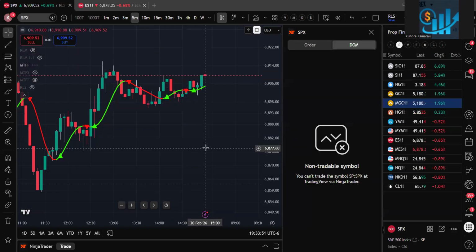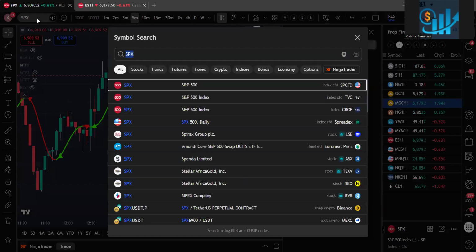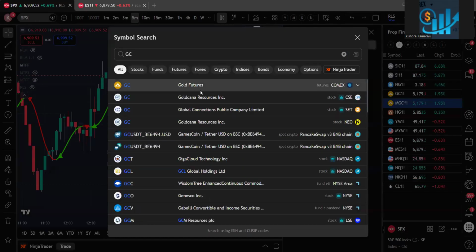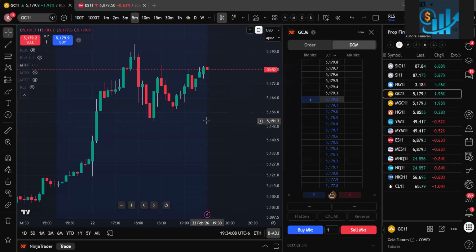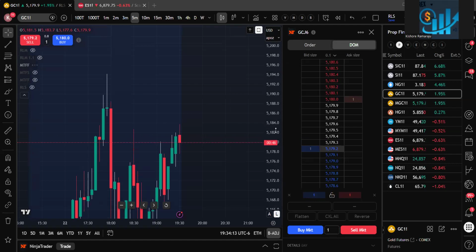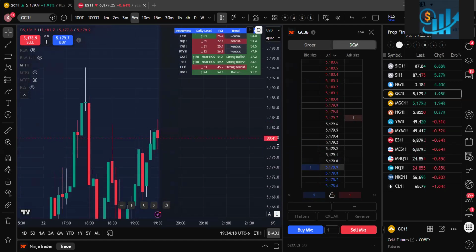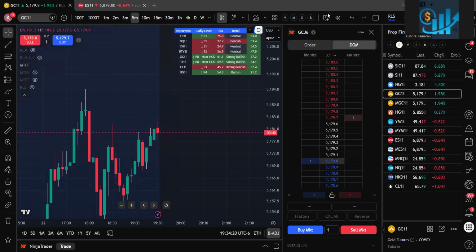You can scan multiple futures tickers, whereas MTFS is mainly for stocks. BOS means break of structure.